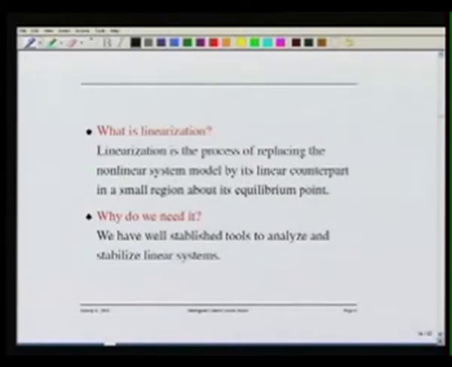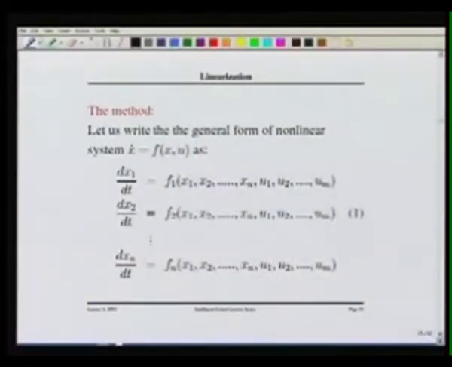So, what is linearization? Linearization is the process of replacing the nonlinear system model by its linear counterpart in a small region about its equilibrium point, and we linearize because we have well established tools to analyze and stabilize linear systems. So, let us try to understand the basic process of linearization.